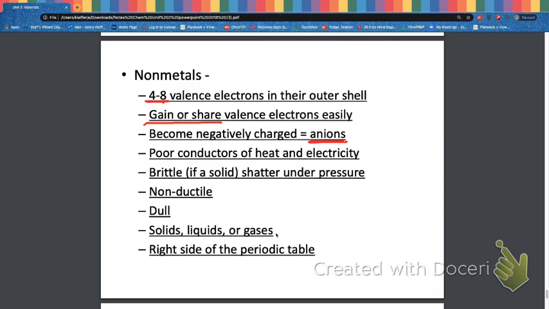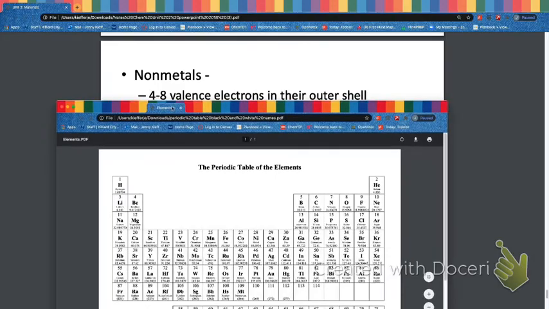And they are on the right side of the periodic table. So when I say the right side of the periodic table, here's what we mean.